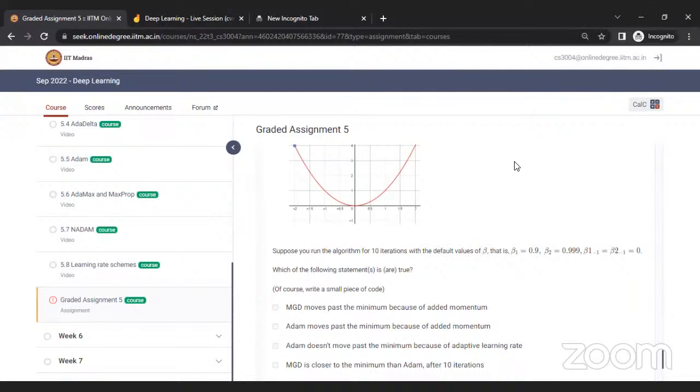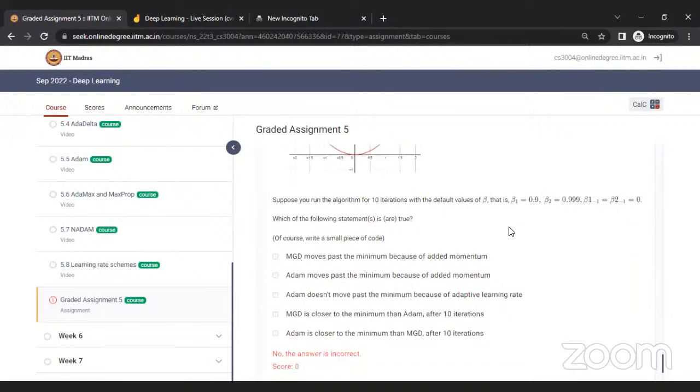Yes, I wrote the code. Also, the last value I got for momentum with gradient descent is minus 1.97, and for Adam I got minus 0.99. So actually Adam is closer to the minimum, and I ticked that one, but I got the wrong answer.